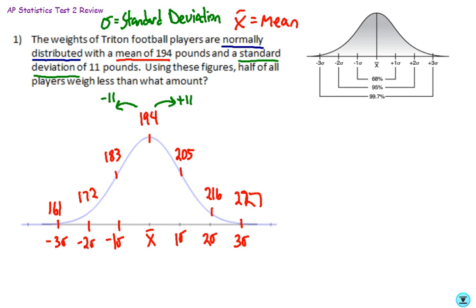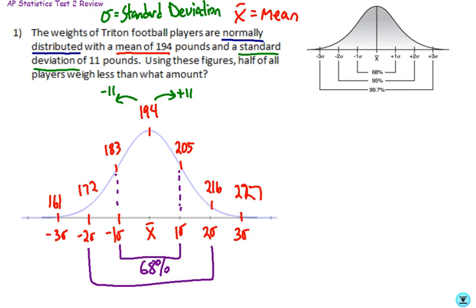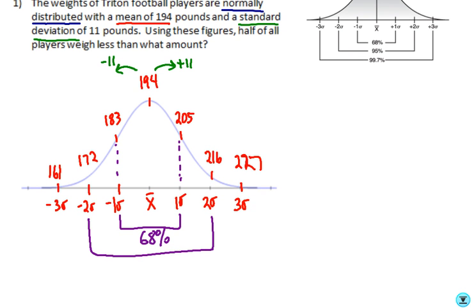So this represents 68%: 68% of our players weigh between 183 and 205. If I go a little wider out, that represents 95%, so 95% of our players are between 172 and 216.